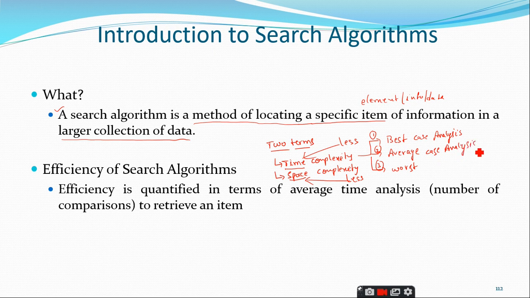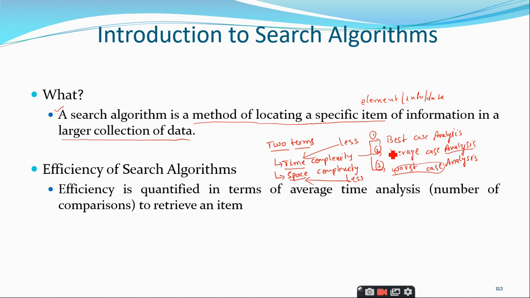And the worst case analysis is where you analyze the algorithm under worst case situations. And coming to the average case analysis, it is the average of all the comparisons. That means you analyze the algorithm and want to find the average.